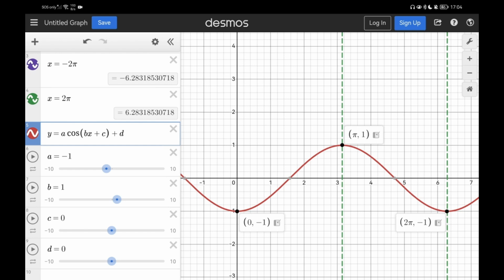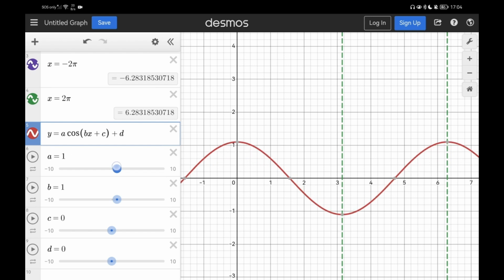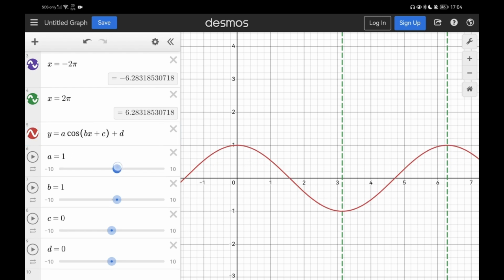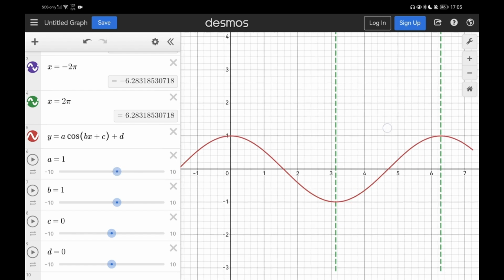So let's change back the a to 1. Still the same, you can't let the a become 0. If you let a become 0, it is not a trigonometric function, because the value of a becomes 0, it devises the cosine function as well. Like this.